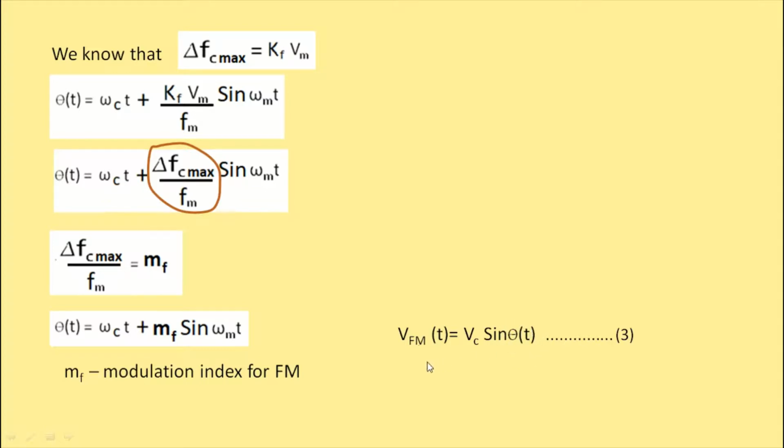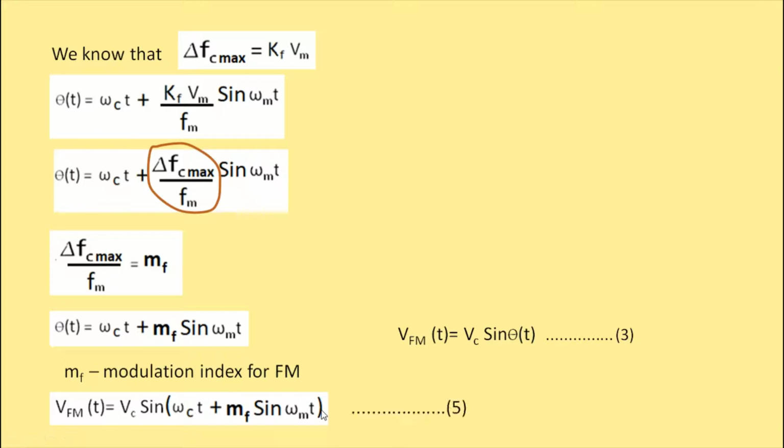So now our FM equation will be complete when we substitute this theta of t onto equation number 3, and we'll look out for any possible simplifications. So when we substitute, what we get is Vfm of t is equal to Vc sine of omega ct plus mf sine omega mt. This I am numbering as equation number 5.